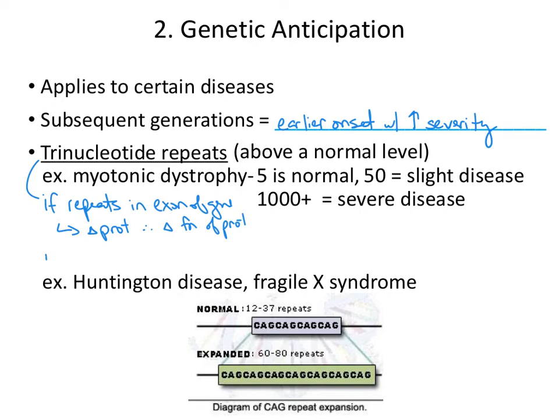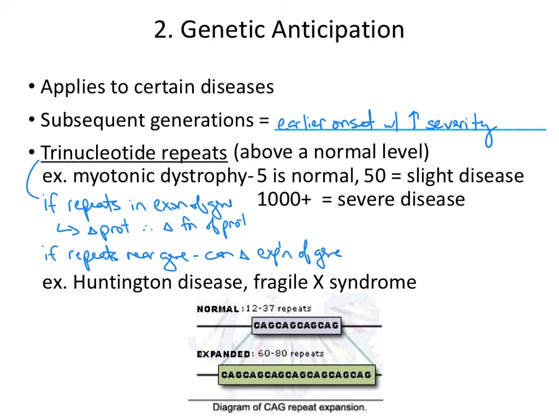If the repeats are near a gene, it can change the expression of the gene. Maybe you make more or you make less of that. This can be changing an activator region or an inhibitory region, promoters, etc. So that's what trinucleotide repeats are.